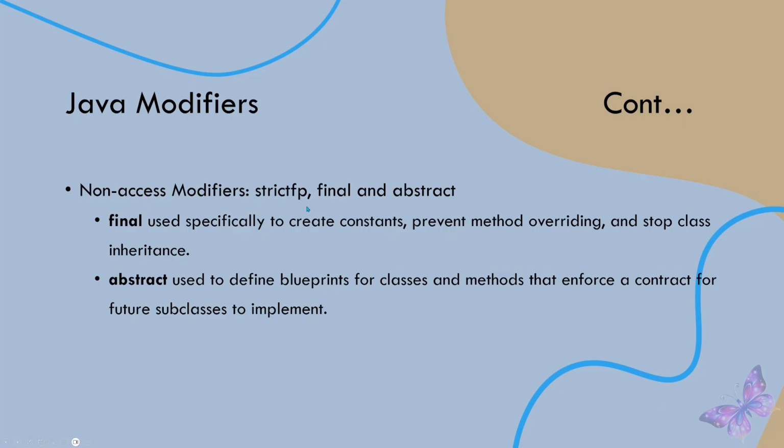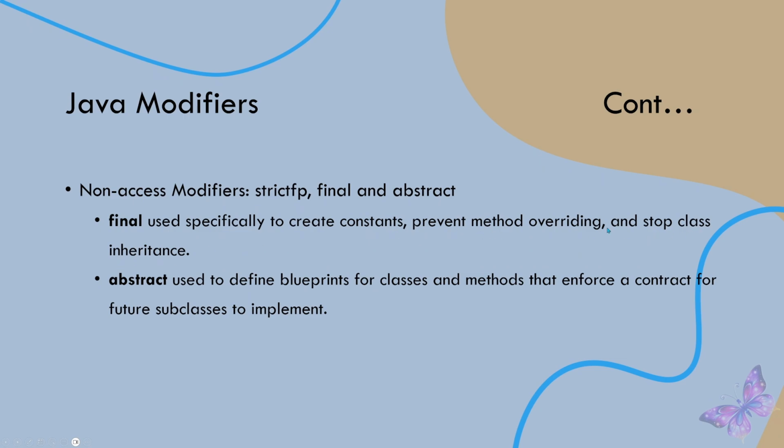Non-access modifiers include strictfp, final and abstract. So we'll learn about final. Final is used specifically to create constraints, prevent method overriding and stop class inheritance.